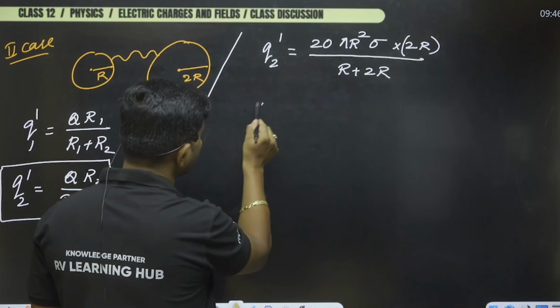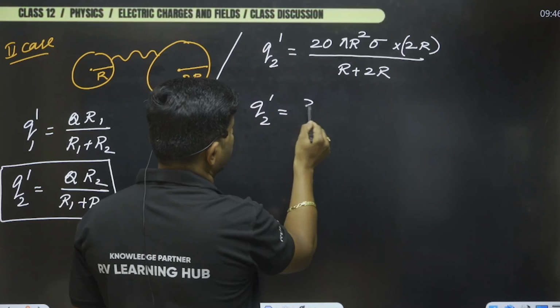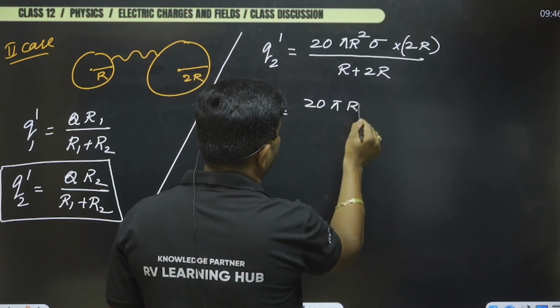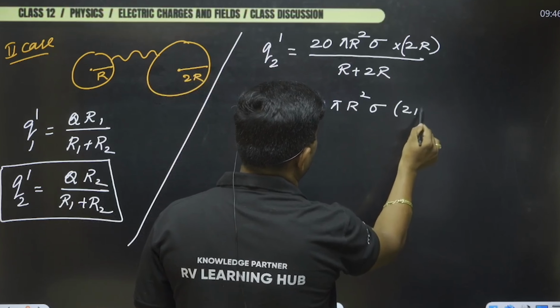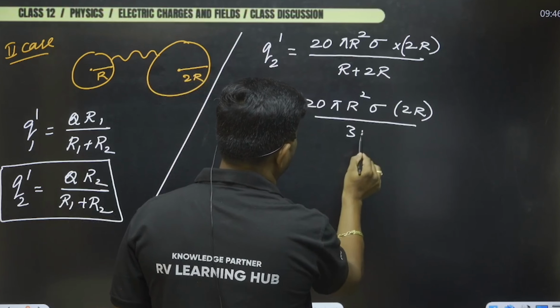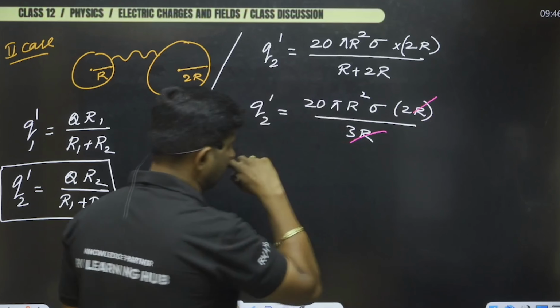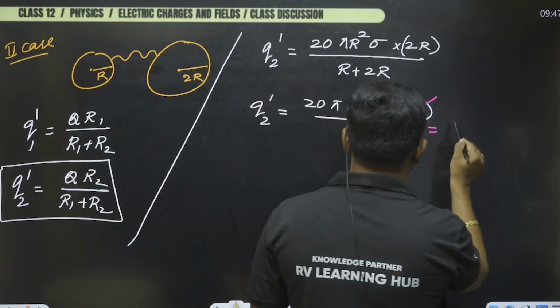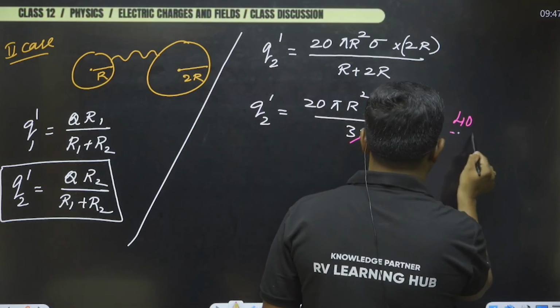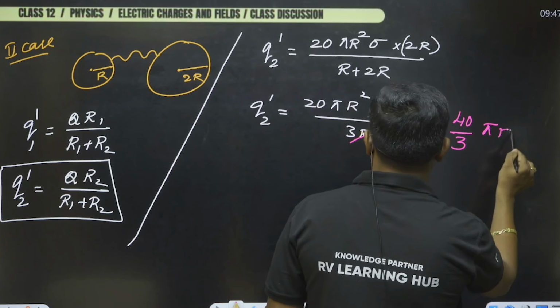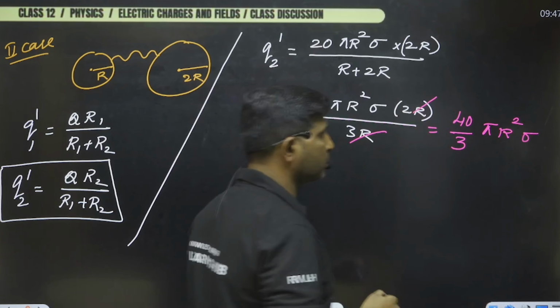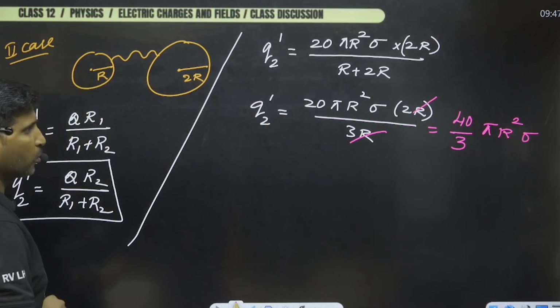So Q2 dash becomes 20 pi r square sigma into 2r divided by 3 into capital R. So R will get cancelled, and we will be left with 40 by 3 into pi r square into sigma.